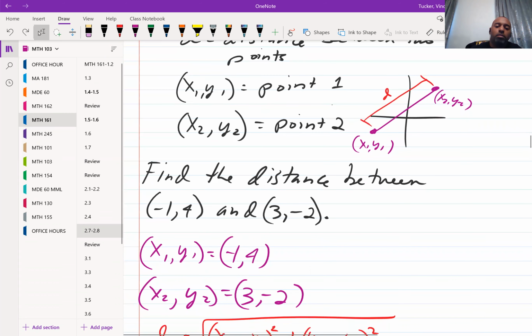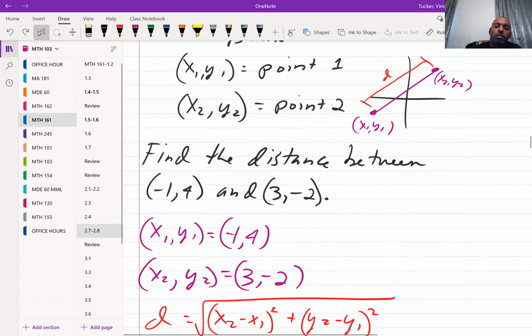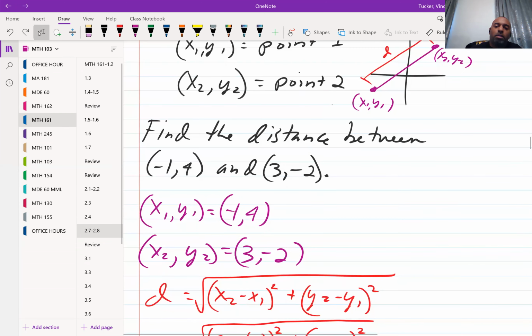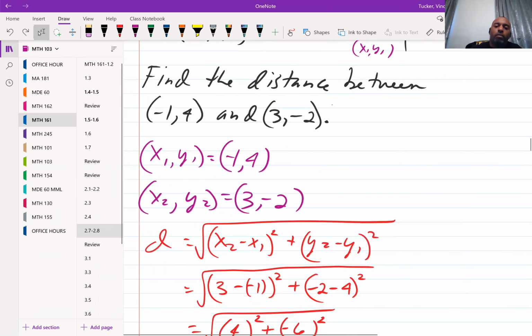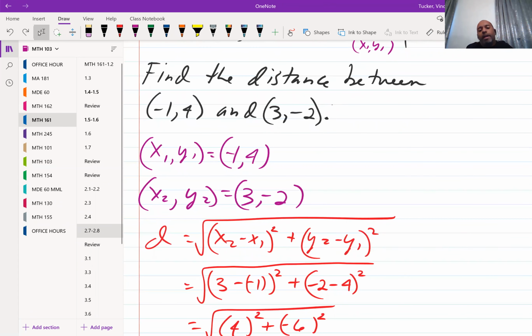All right, so once you've established that, you go ahead and plug in.